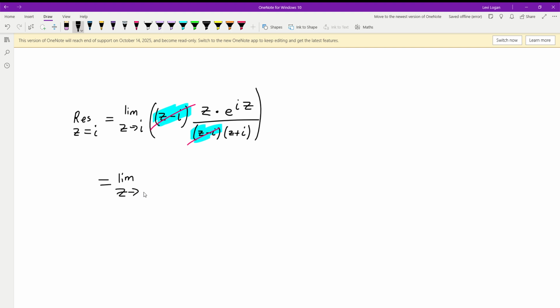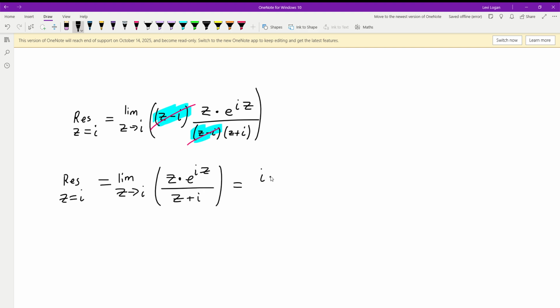So now we have something like this here. And you might be wondering, what do we do next? Well, there's nothing stopping you from just putting in z equals i now, because you're not going to get a divide by 0. So if we want to work out the residue at z equals i, just replace the z with i.